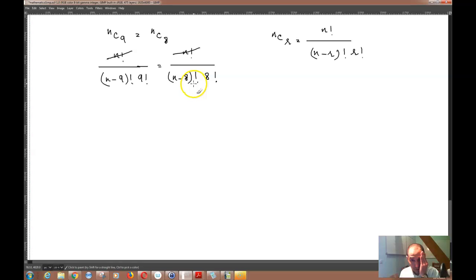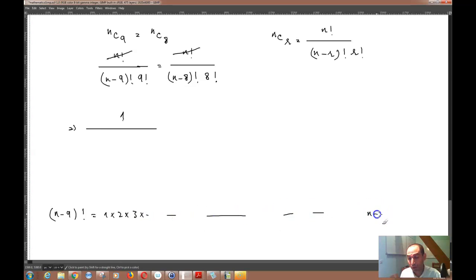N minus 9 factorial, so I can write this as 1 over n minus 9 factorial. This is basically 1 times 2 times 3 times all the way up to n minus 9.